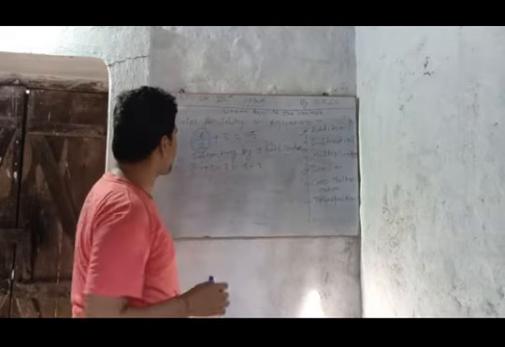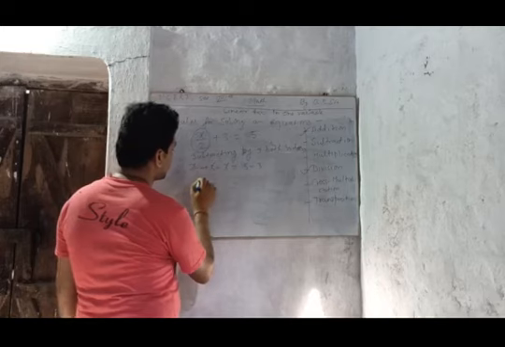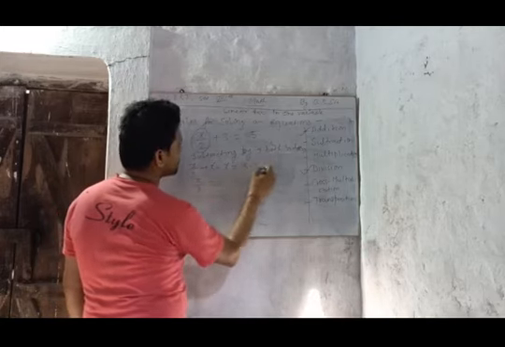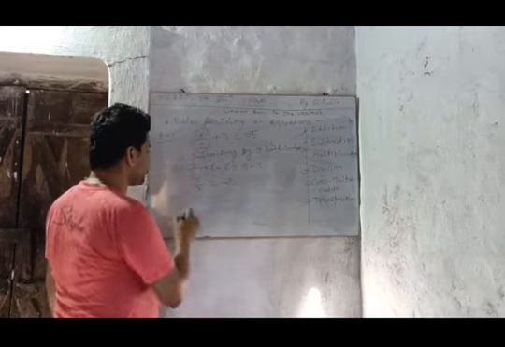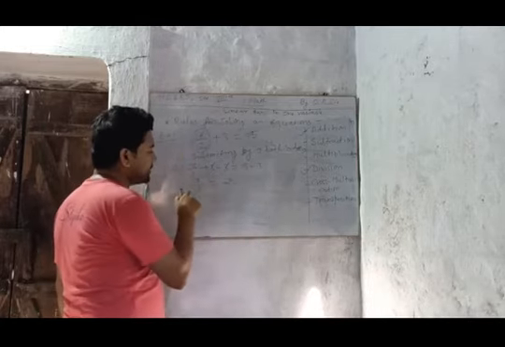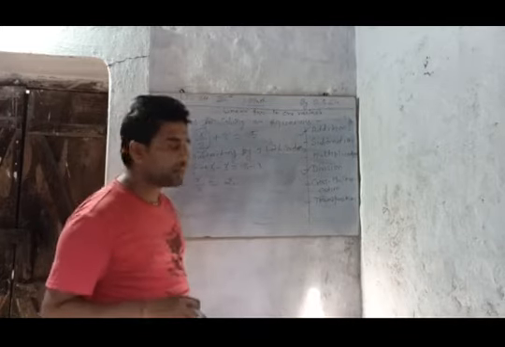What will happen? This 3 will be cancelled. In the next step what we will get? x upon 3 is equal to 5 minus 3, that is equal to 2. Now dear student, you can see that x is divided by 3. So if you multiply by 3, that 3 will be cancelled.